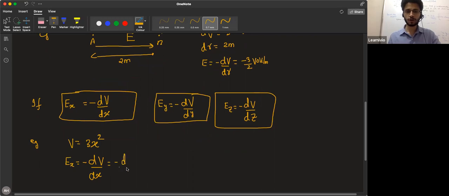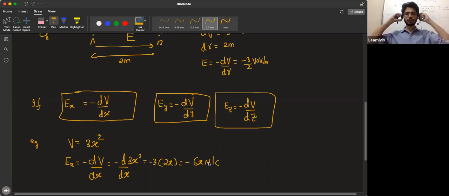So it's minus of d over dx of 3x square. You can take this 3 outside. It's just x square. The derivative of x square is 2x. So we get minus of 6x Newton per coulomb. This is field if potential is given. Just differentiate your potential with respect to position and you get the field.